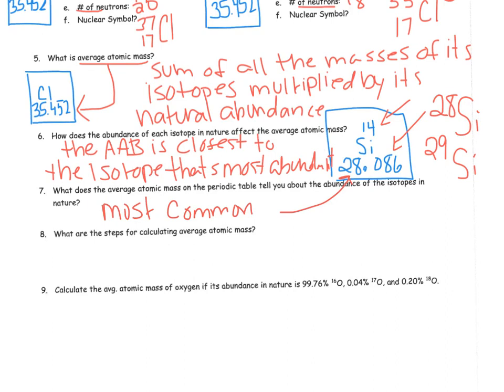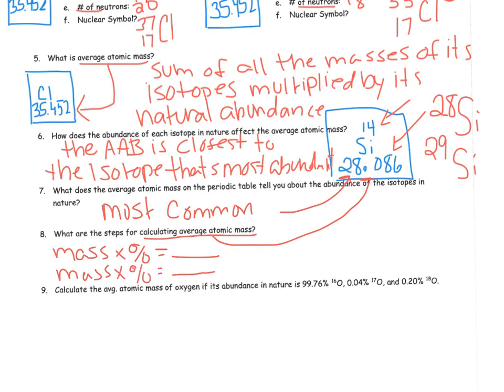So what are the steps for calculating average atomic mass? And that's basically calculating this number. Essentially, you're going to take all the masses of the isotopes, multiply them by their percentages, and you're going to get a number. Mass of another isotope by its percentage, and you're going to get a number.